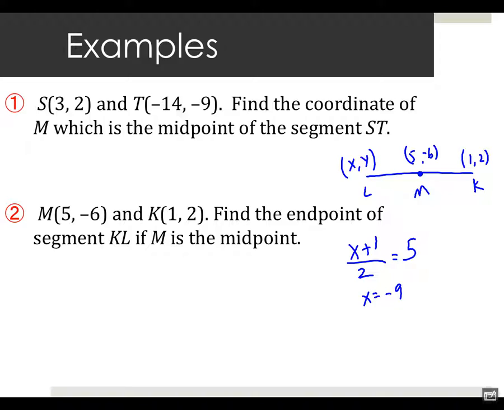If I knew where L was, I would take the two y coordinates, add them up, divide by 2, and that would give you the y coordinate of the midpoint. Let's see, move that over there. It's negative 12 minus 2, y is equal to negative 14. Okay, so I should get negative 9 comma negative 14 as my answer using the cheater method.